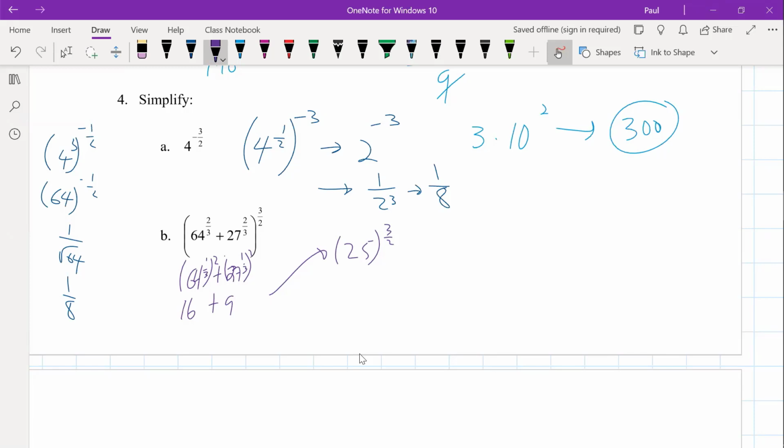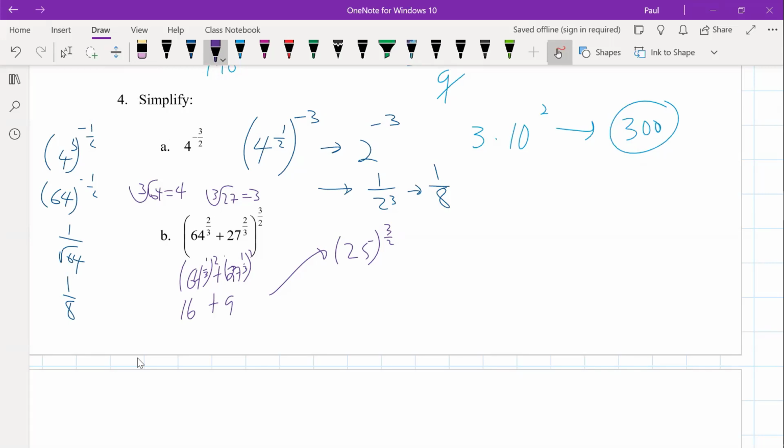Everyone see where we got the 25 from? Just work on these individually. Take the root first. The cube root of 64 is 4, because 4 times 4 times 4 is 64. And the cube root of 27 is 3 because 3 times 3 times 3 is 27. Enda took advantage of those two facts.